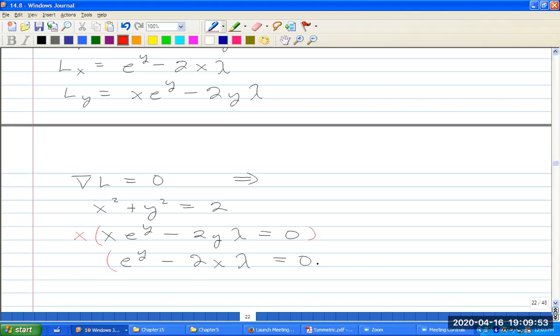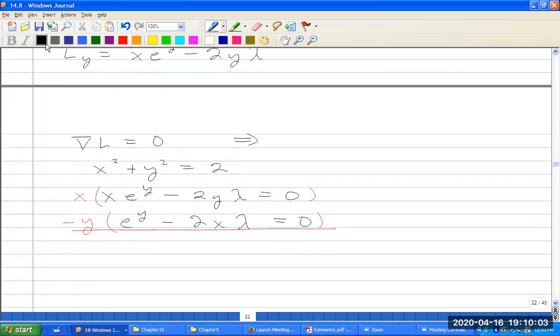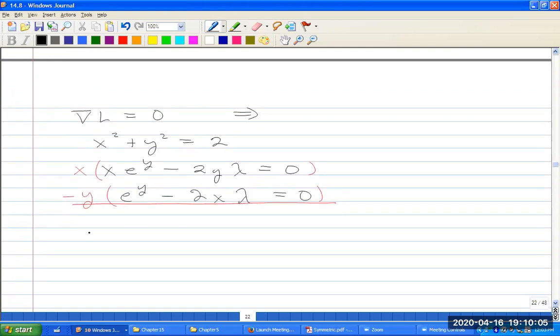Let's multiply this by minus y. And so I get x squared e to the y minus y e to the y. These will cancel, equals 0.